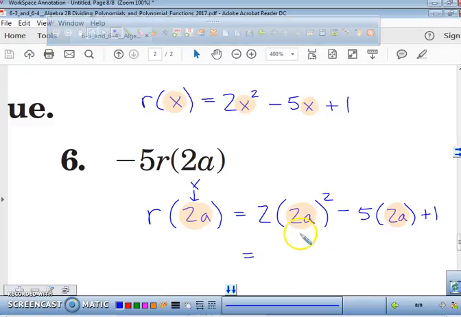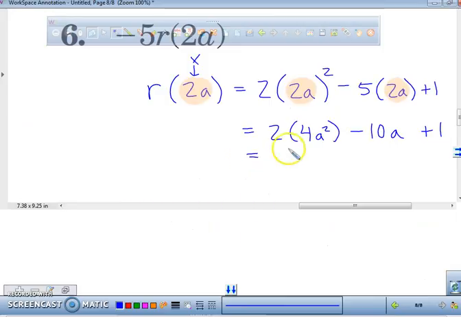All right, now we're going to evaluate. We have 2 times, what is 2a times 2a? That's 4a squared. What is negative 5 times 2a? That's a negative 10a plus a 1.